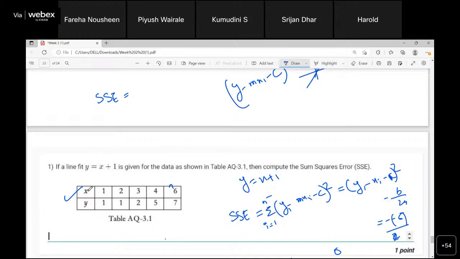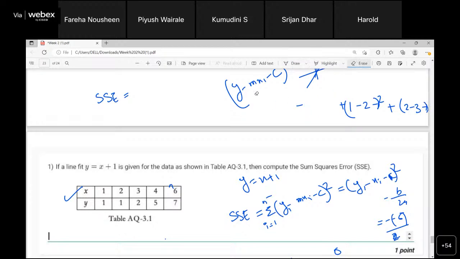Now just put the table values: when y equals 1, x equals 1, my SSE will be (1 minus 1 minus 1) square plus, same, (1 minus 2 minus 1) square plus (2 minus 3 minus 1) square.